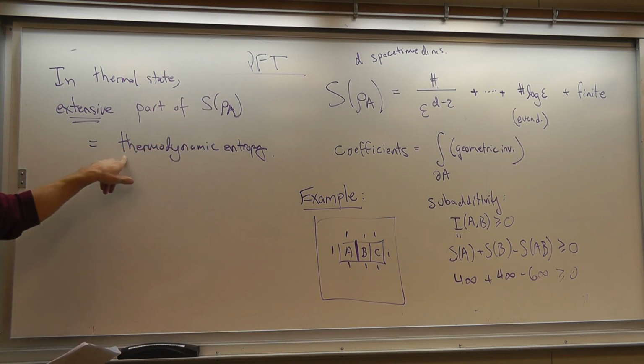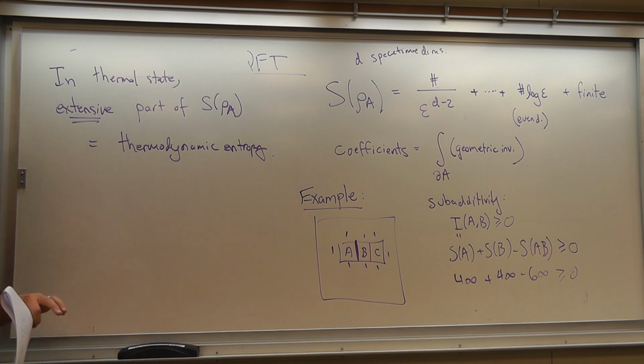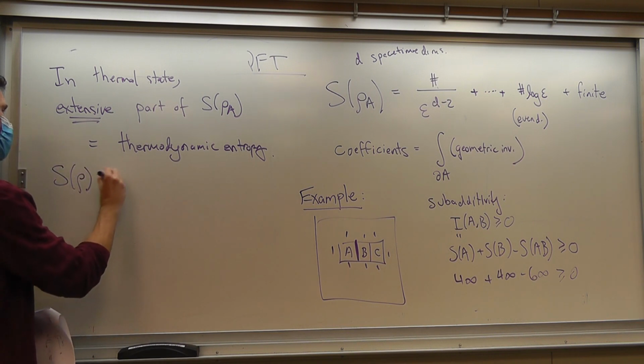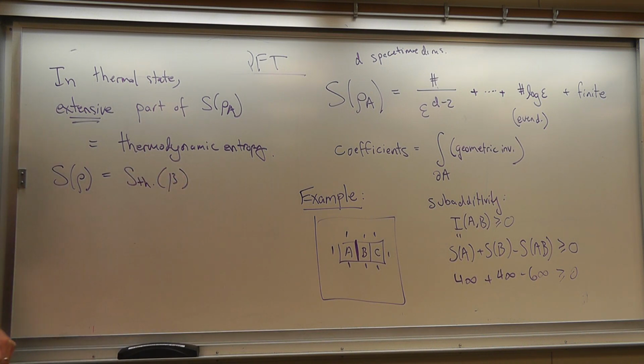If we talk about the whole system, then in a thermal state, S of rho would be equal to S thermal of beta, if you let L go to infinity. But now we've started with the thermal state and reduced to a subregion. The point here is that even locally, the extensive piece is the thermodynamic entropy.